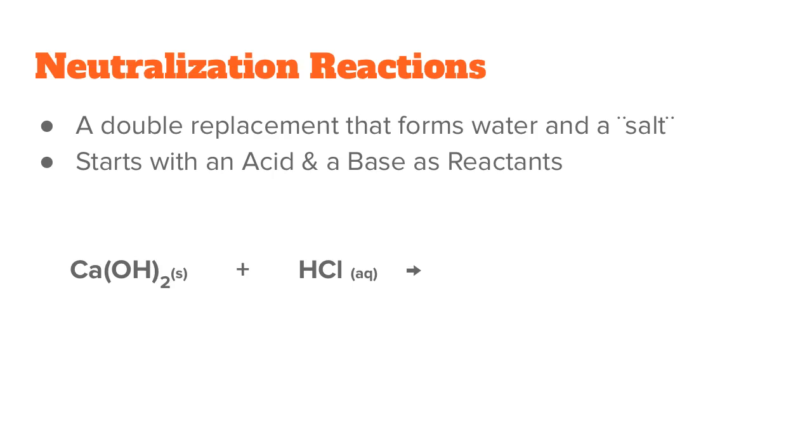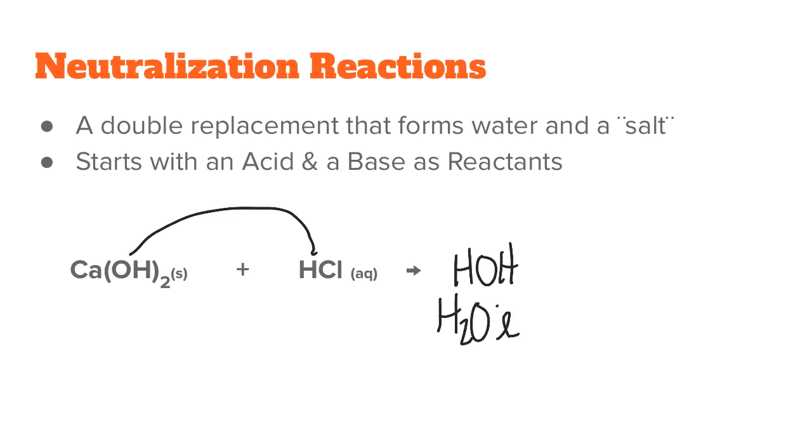But what's a little bit different is that one of these is going to end up being water, because we learned before that when you take hydroxide and hydrogen, the ions, and put them together, they form HOH, which is water. And we already learned that that is going to be a liquid.